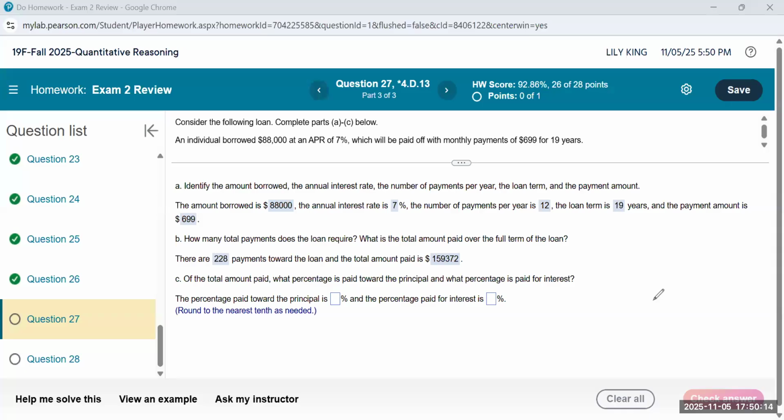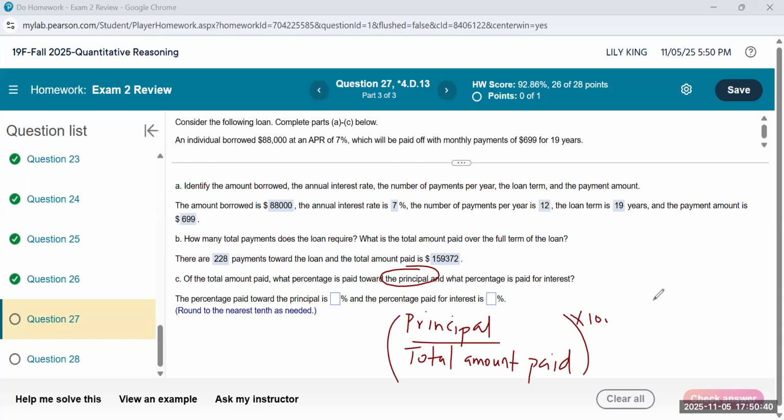The principal is part of the total payment, so this is an application of percentage. You divide the principal, which is the part, by the total amount paid, and then express that as a percent.